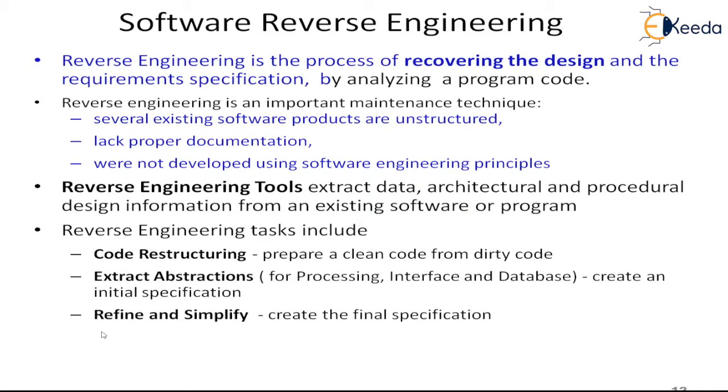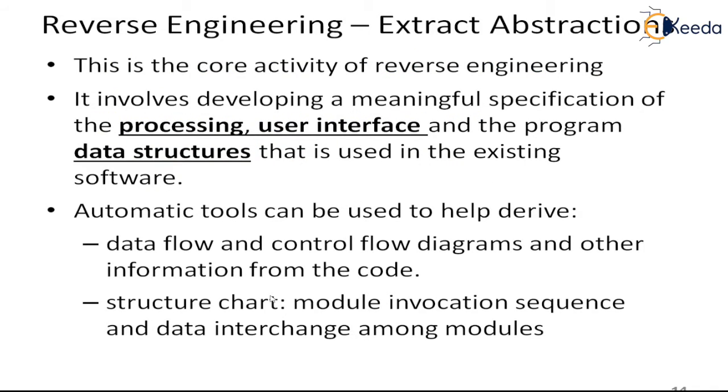Then we will go into the third and last phase of reverse engineering, that is refine and simplify. Whatever initial specification you have got, you might have got it through a tool. The tool will do it very mechanically. It will not understand so much. It will not have so much artificial intelligence built into it. It will only run certain algorithms, and the output of that is only called the initial specification.